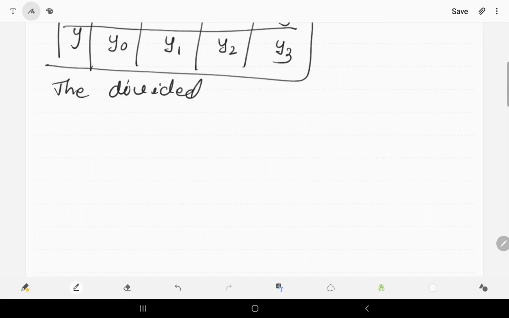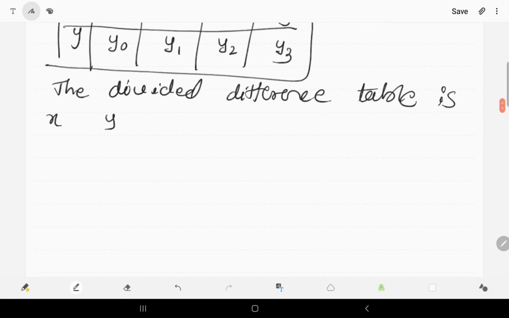The divided difference table has x and this is y. The first divided difference is denoted by delta of f of x. See here, x is x0, x1, x2, x3, with corresponding y0, y1, y2, y3.